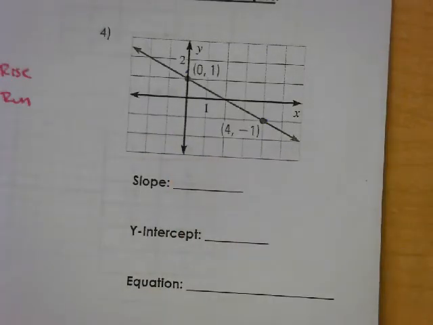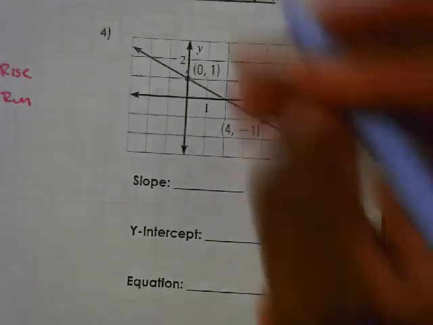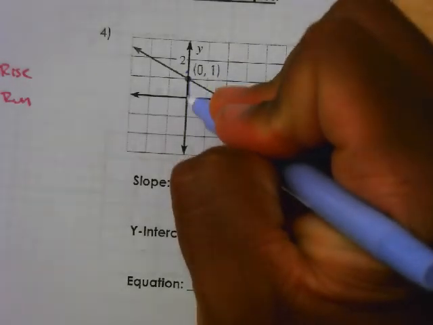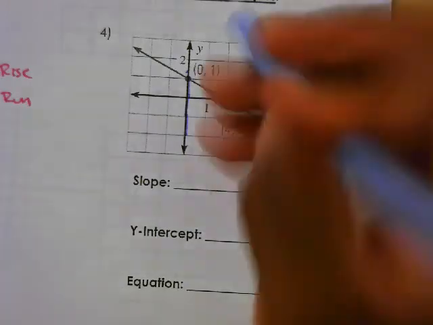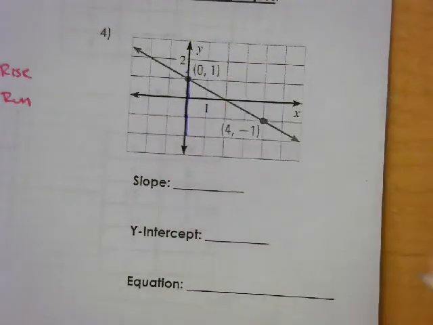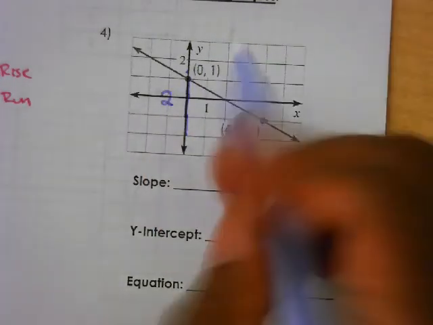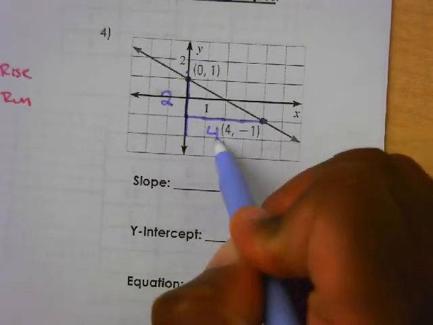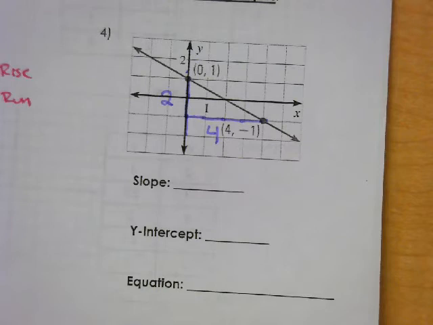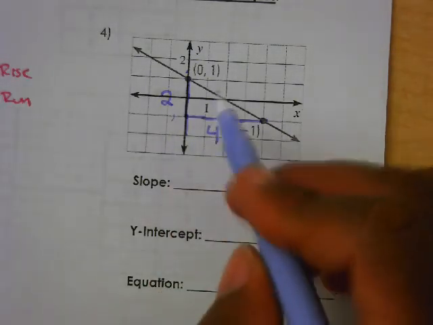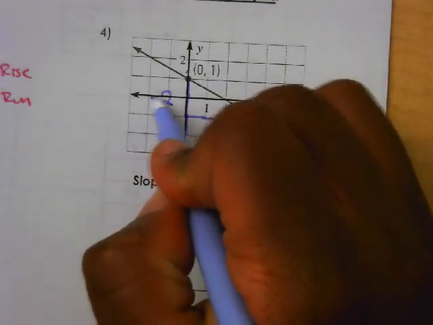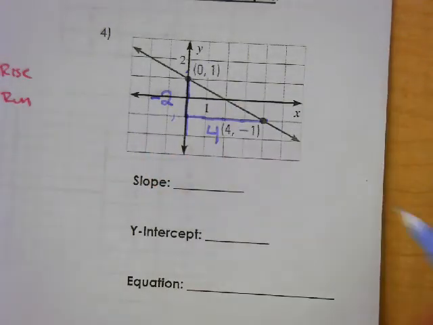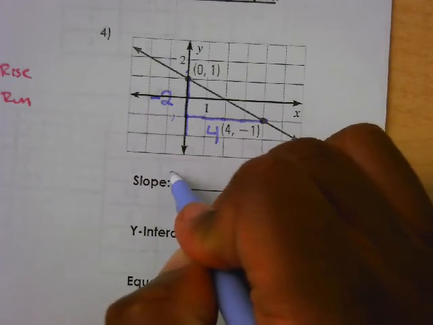Since it's a negative slope, my rise will actually be going down. 1, 2, just 2. And then to the right, 1, 2, 3, 4. So my rise, I'm sorry, should be -2 because I went down 2. My rise is -2.